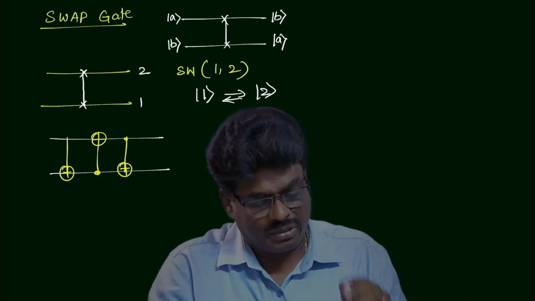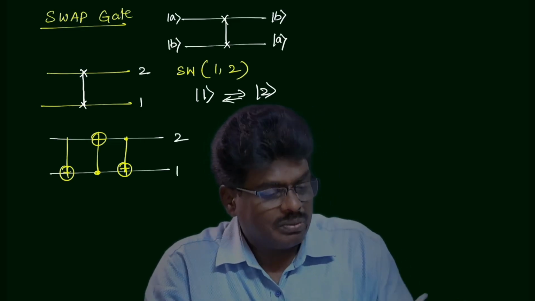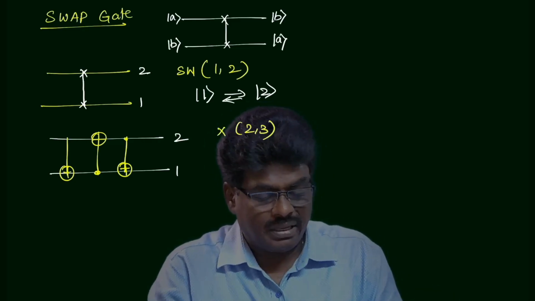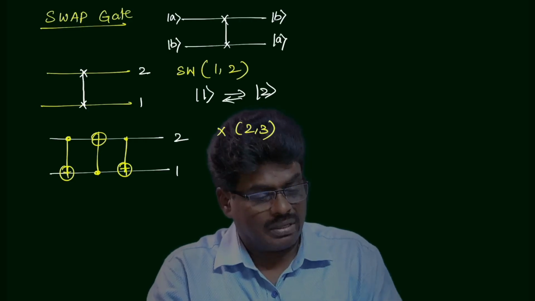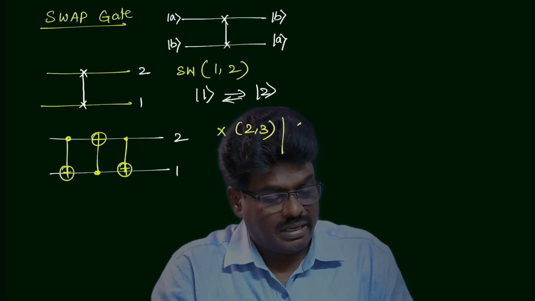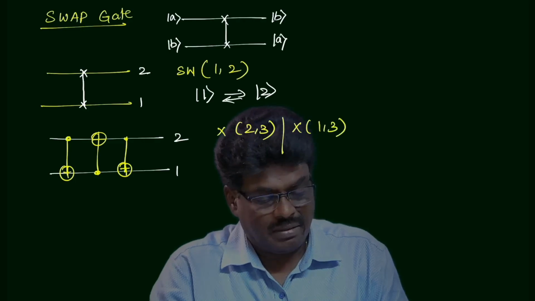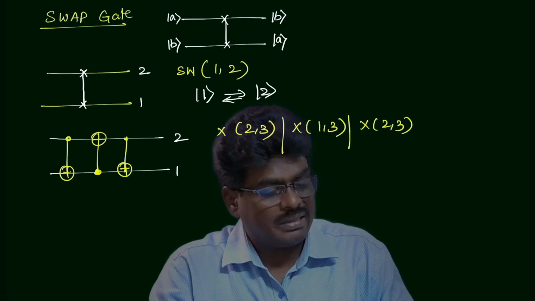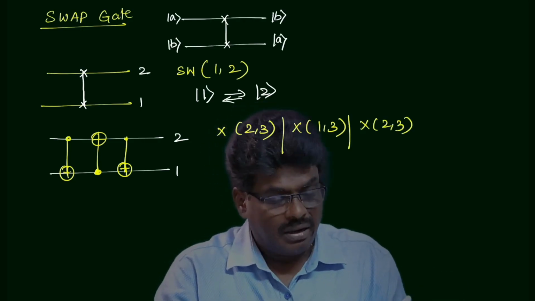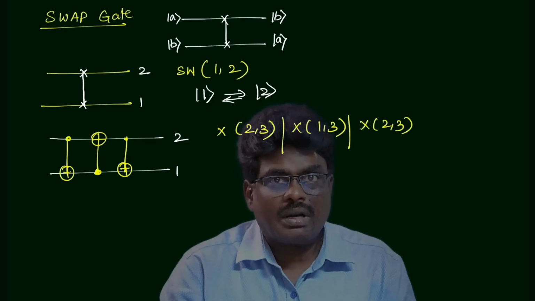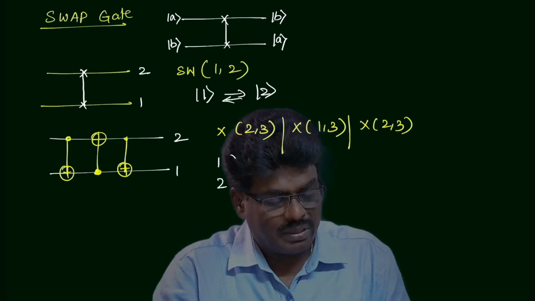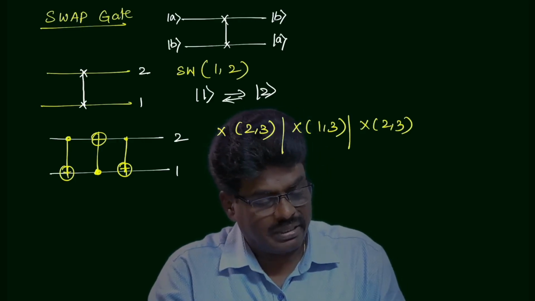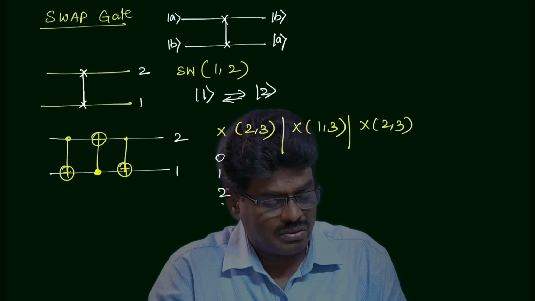Don't say flip, sorry. So here 1 2, proceed, x of 2 comma 3, because the starting 2 ending 1. So that's it. And the next x is 1 comma 3, because the starting 1 ending 2. Next x is 2 comma 3. Okay, now I want to check 1 and 2 only, that's why I'm taking 1 2. If you want to check another, you can check, you can take all the things, no problem. 0, 1, 2, 3 I'm taking.